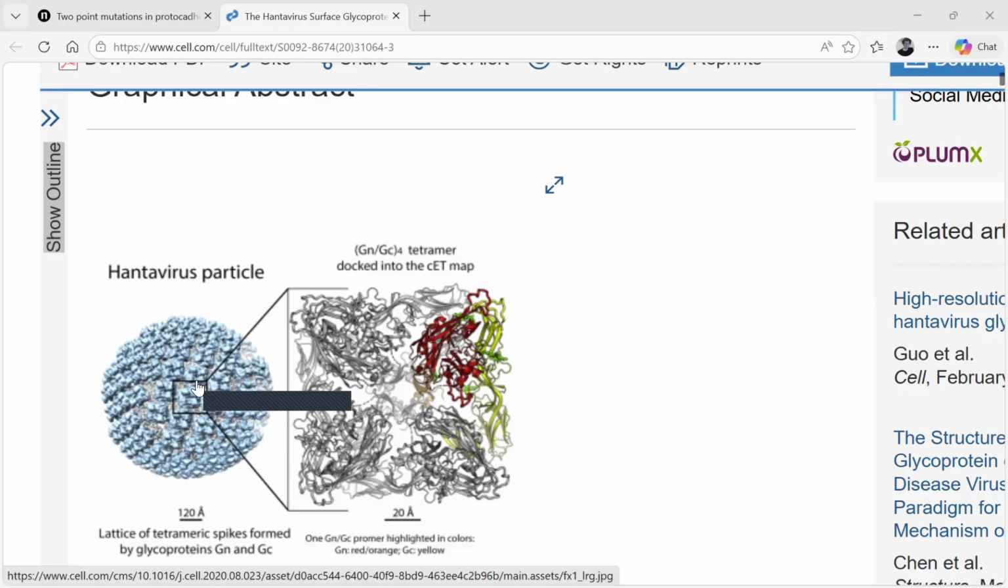Now, there is something called a beta-3 integrin. That seems to be a receptor candidate for the Old World. And then sometimes the Old World hantaviruses are also using the beta-1 integrin too, not just the beta-3.